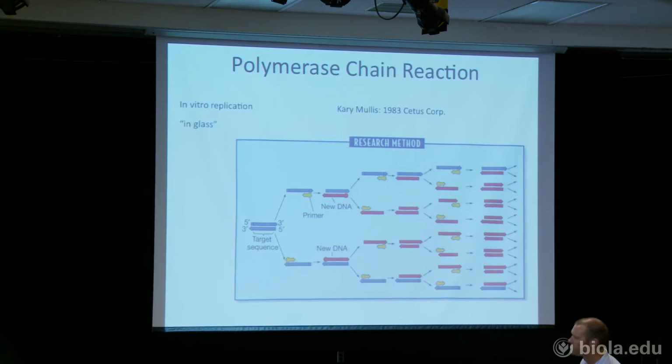Polymerase comes in, and it's just going to make that piece. And it's chain reactive because we can just boil the samples again. Primers sit down again, and we just make another round of copies. So it's exponential growth, right? You can start off with a tiny, tiny fraction of DNA, and you can get hundreds of thousands of copies in just a few cycles of heating and cooling, heating and cooling.